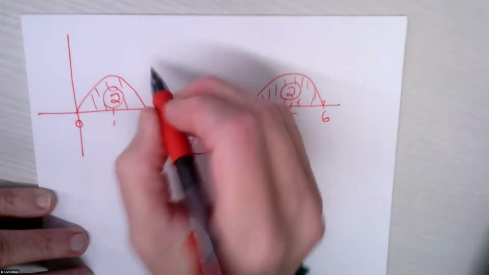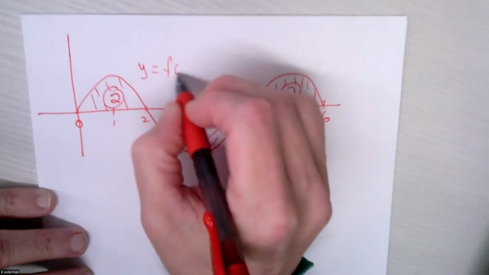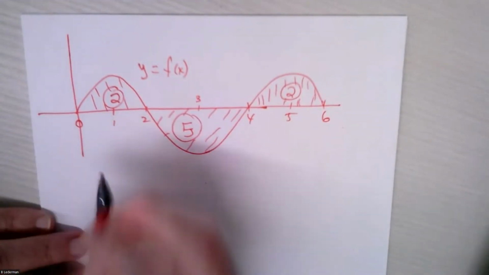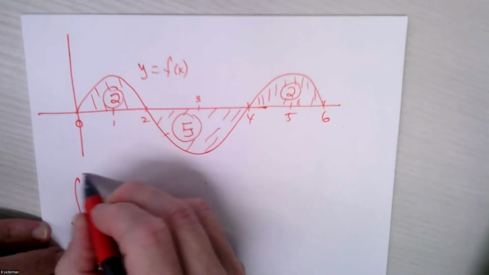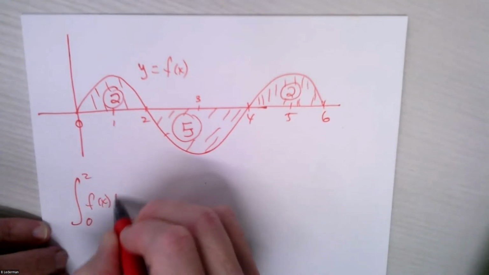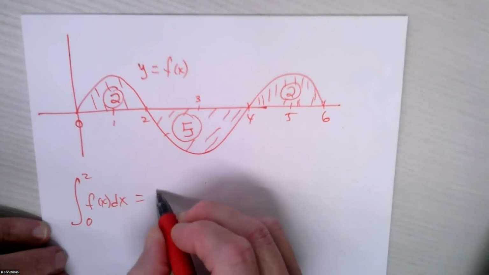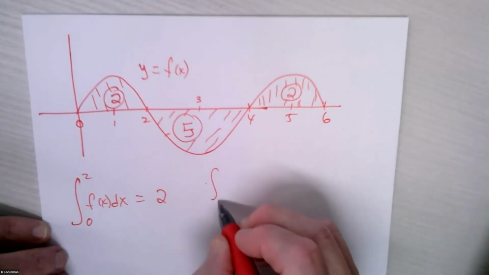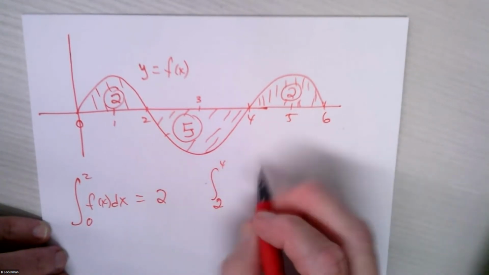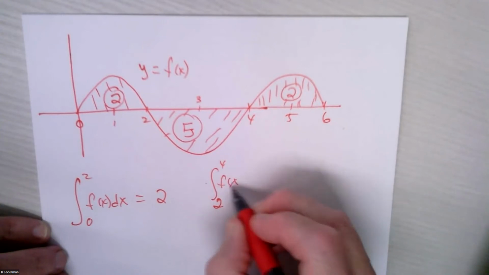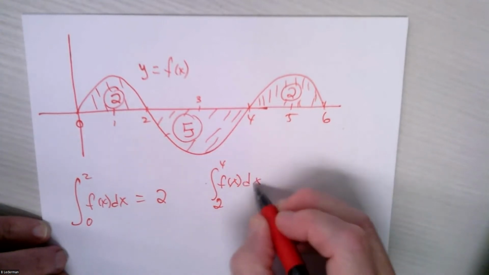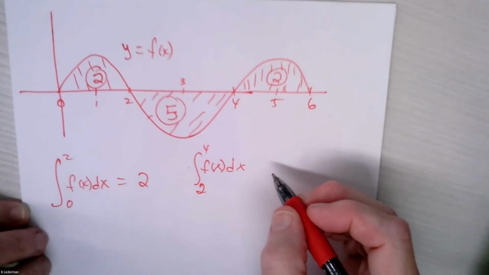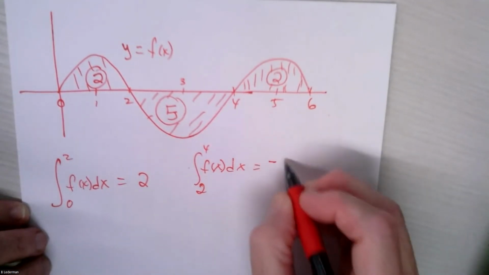And this is of course the curve y equals f of x. It's important to know. So the integral from 0 to 2 of f of x dx, in this case, is equal to 2. The integral from 2 to 4 of f of x dx, in this case, is negative 5.